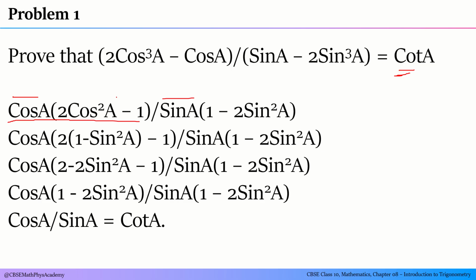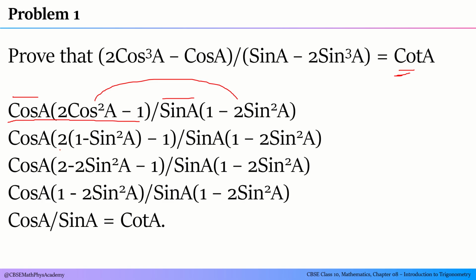So you should look for opportunities to cancel out terms in the numerator and denominator. Further, I'm going to bring either the numerator or denominator to a common term, so I proceed on the numerator. I'm going to convert this cos square to sin square. So the numerator becomes cos A into (2 into (1 minus sin square A) minus 1), that is the trigonometric identity. The denominator remains as such.